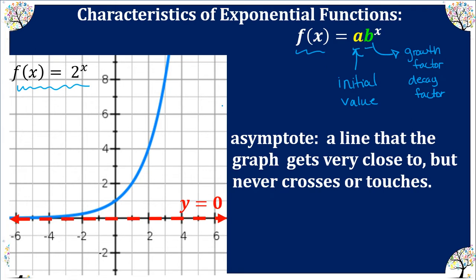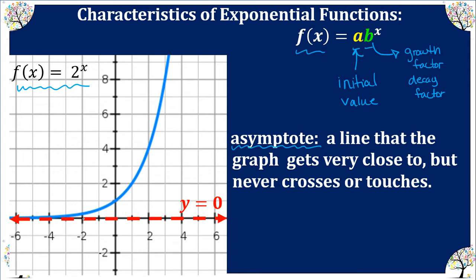The other thing about an exponential function in the graph is that every exponential function has an asymptote. So our asymptote in this example is y equals 0. So we always write our horizontal equations as y equals, and then whatever value it passes through on the y-axis.